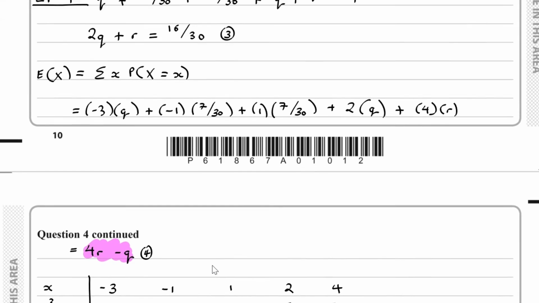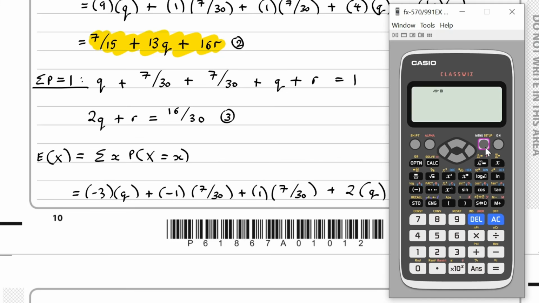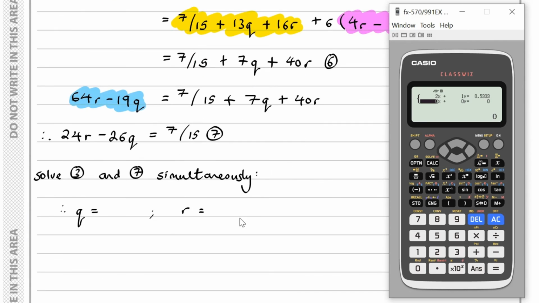So for this first equation, we have a simultaneous equation with degree 2, so we have 2, 1, 16/30, and for the next one we have minus 26, 24 and 7/15. So we see that q is equal to 1/6 and r is equal to 1/5.